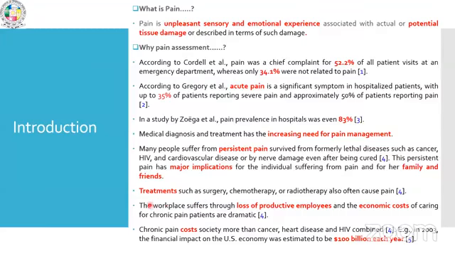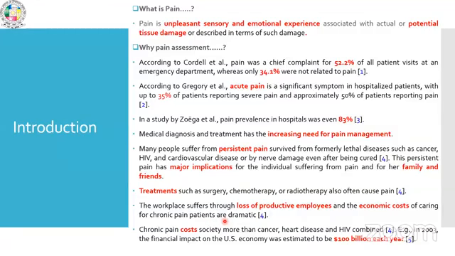So in those cases, people who are having persistent or chronic pain suffer at their workplaces from loss of productive employment. This kind of people, who are working somewhere, lose their employment, and the economic cost of caring for such chronic pain patients is very high.